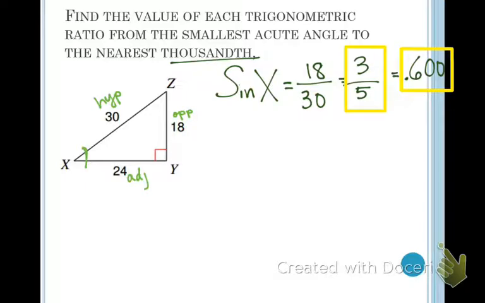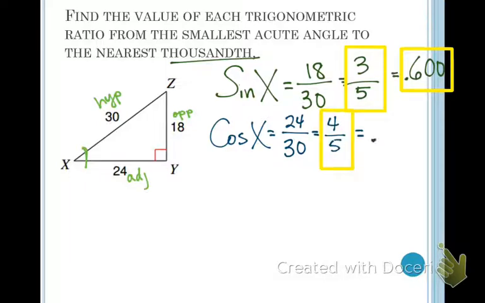Now we're going to do cosine of x. So cosine is adjacent over hypotenuse. So the adjacent is 24 over the hypotenuse. These are both divisible by 6, so 24 over 30 reduces to 4/5, which is equal to 0.8.